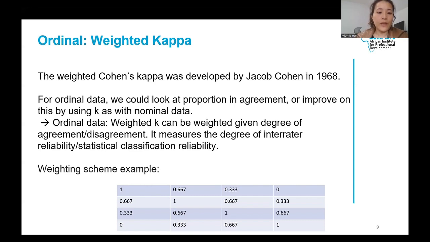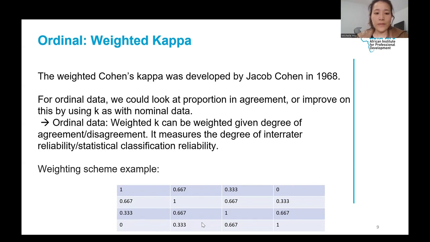moderate. So when the scales are ordinal, weighted kappa weights the discrepancies so that those ratings, the more discordant, are considered worse. In other words, when computing the kappa statistic, the more discordant are given less weight in computing agreement. In this slide, you can see the weighting scheme here.